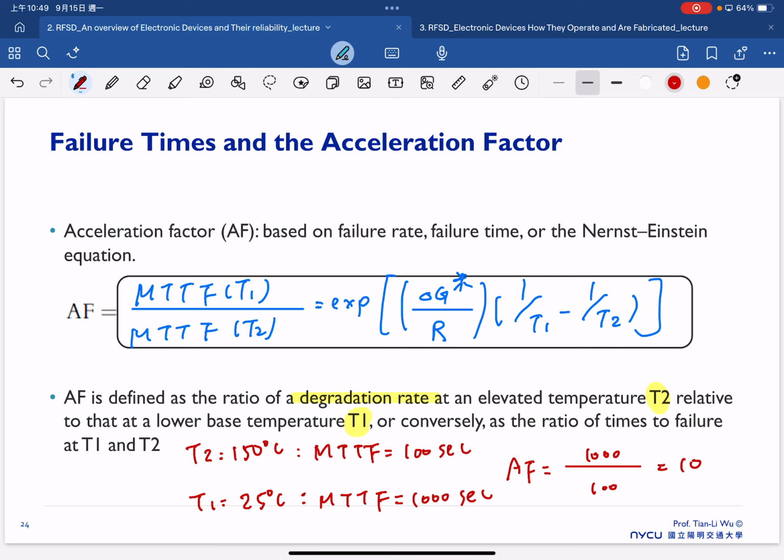So the calculation to estimate the acceleration factors is very simple.